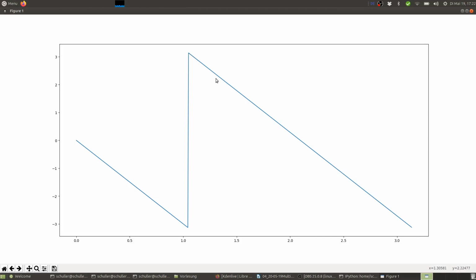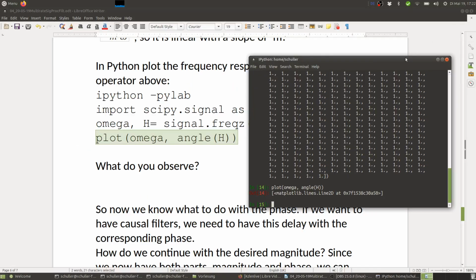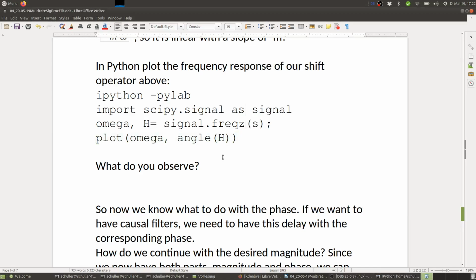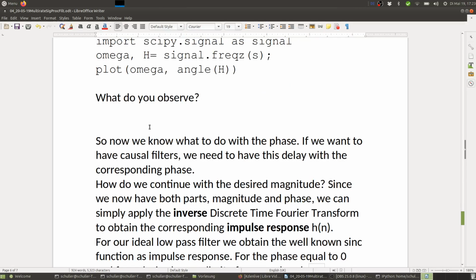And then it continues to go down until it reaches minus pi again, and then it will jump again. So this periodicity of the angle makes those jumps happen. This is what confirms the linear phase.